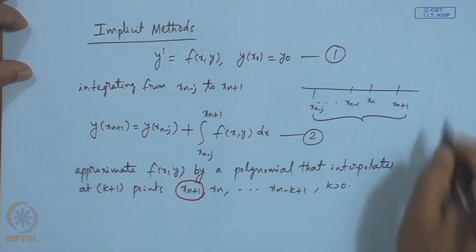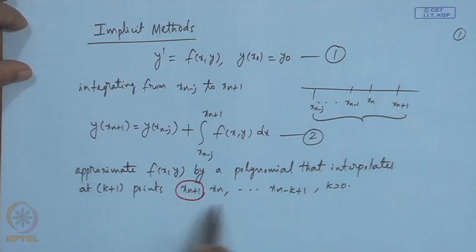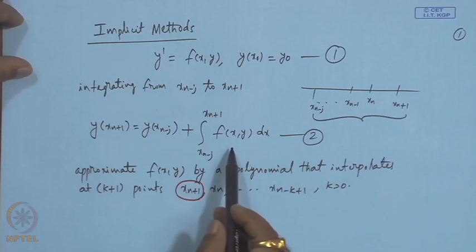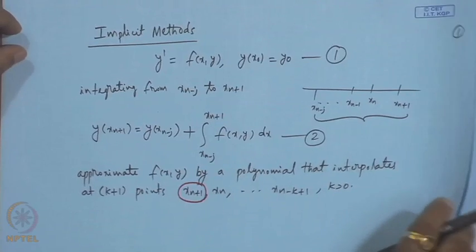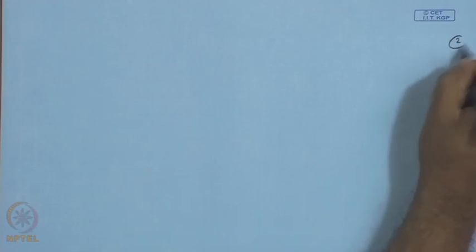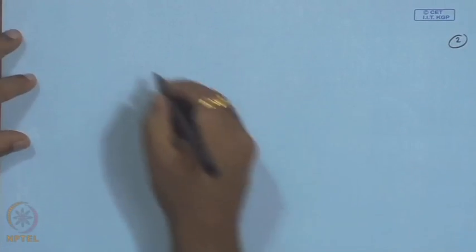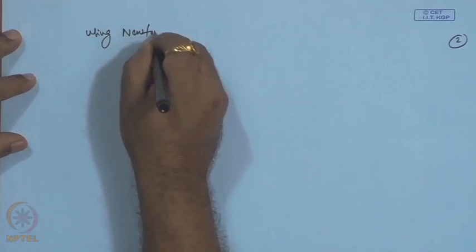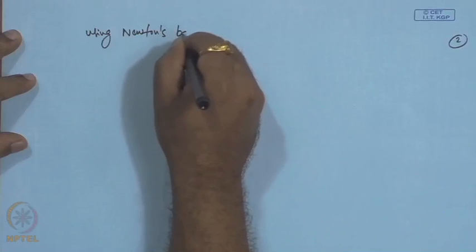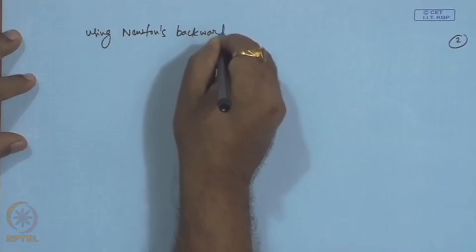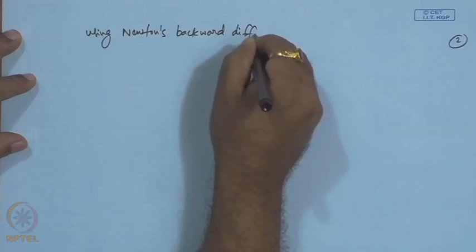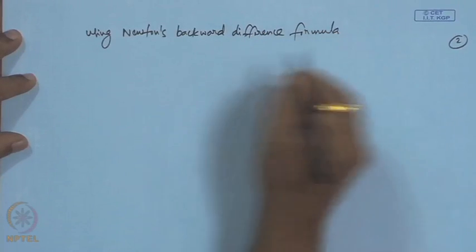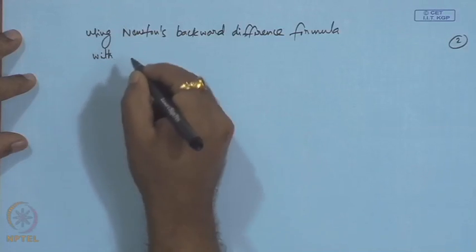So, now similar to the explicit method, we have to use Newton's backward difference formula.